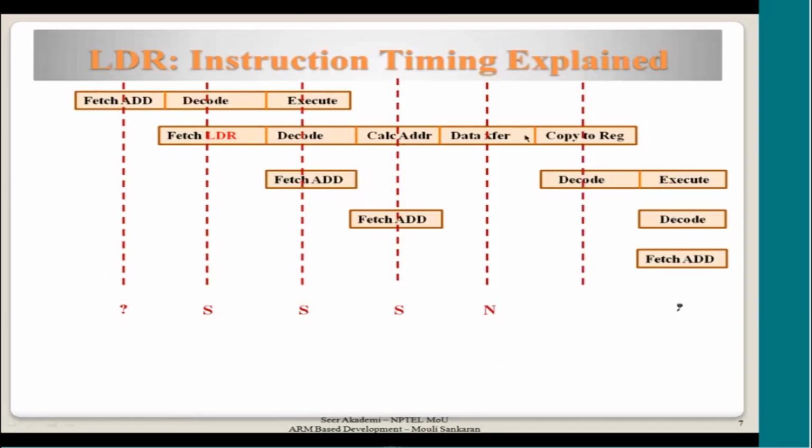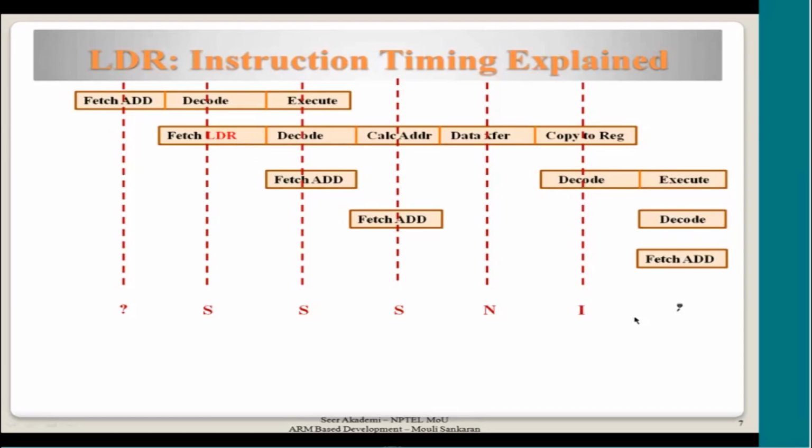In this case, an internal decode is happening as well as an internal transfer. Nothing to do with the memory, neither the instruction memory nor data. So there is no memory cycle. Internally, the processor copies whatever data it has read from the memory into the register, because it was an LDR instruction.